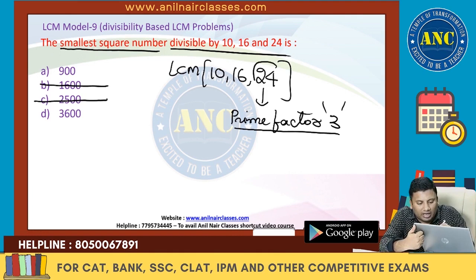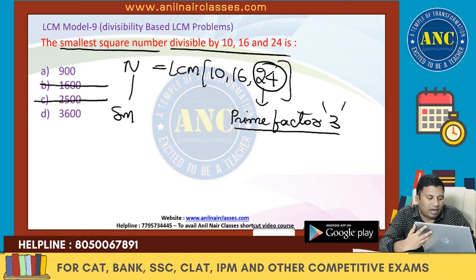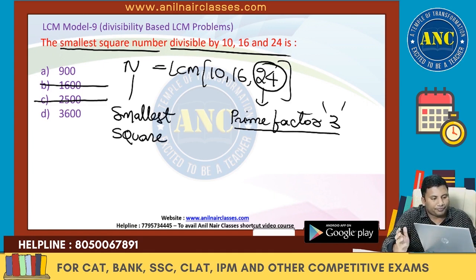Here one number is divisible by 3. So left hand side, this smallest square should also be divisible by 3. So 2 are out. 900 is remaining and 3600 is remaining.